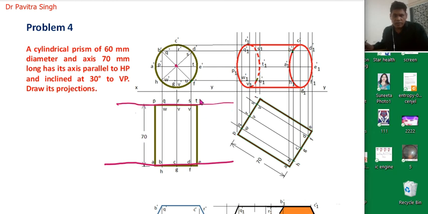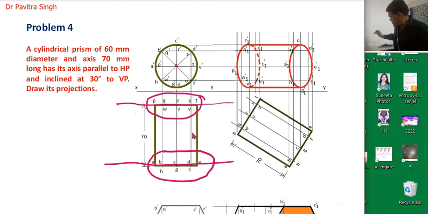So actually we will draw the projection of one surface, the bottom surface, and another is the top surface, because this cylinder has a bottom surface and a top surface. Okay, so we have selected this height equal to 70 mm, and this is one surface and this is another surface.